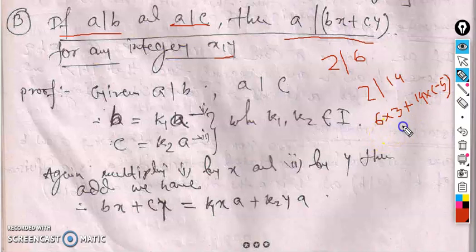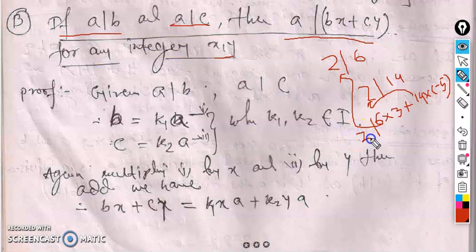If you want to check whether this number is divisible by 2 or not, you can easily recognize that 6 is divisible by 2 and 14 is divisible by 2. So the linear combination of 6 and 14, where we multiplied with two integers, should be divisible by 2.